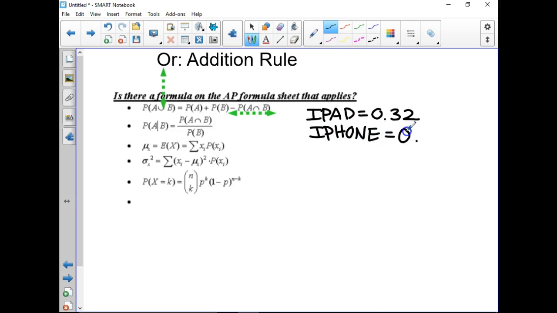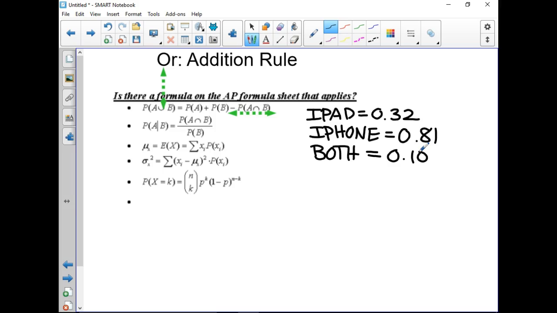I like 81. Now, what's the probability that they own both? Let's say 0.10. Hey, ladies and gentlemen, these are not mutually exclusive.